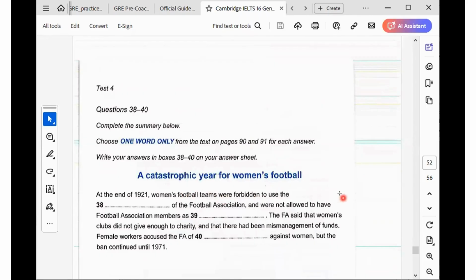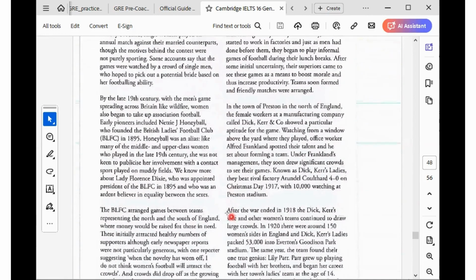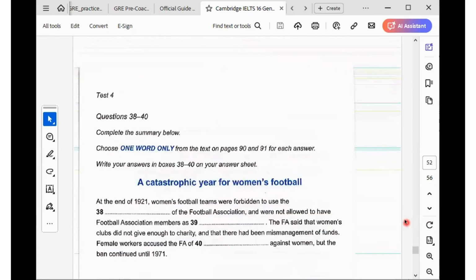We're not allowed to have Football Association members as referees. What's the spelling of referees? R-E-F-E-R-E-E-S. Referees. That's number 39.